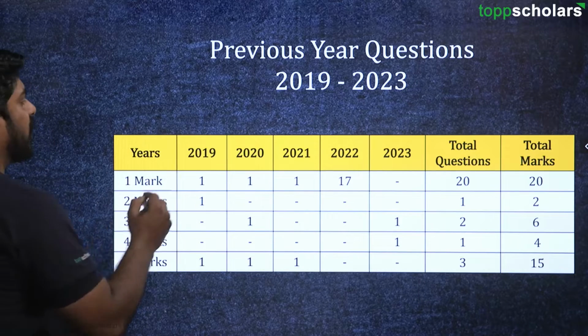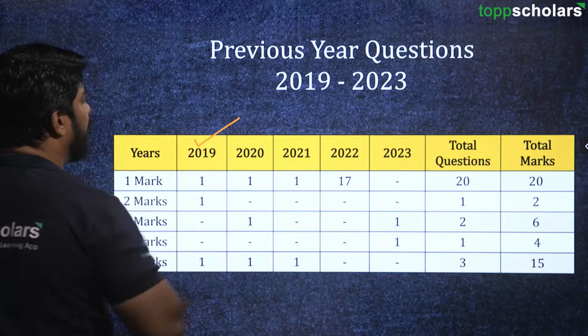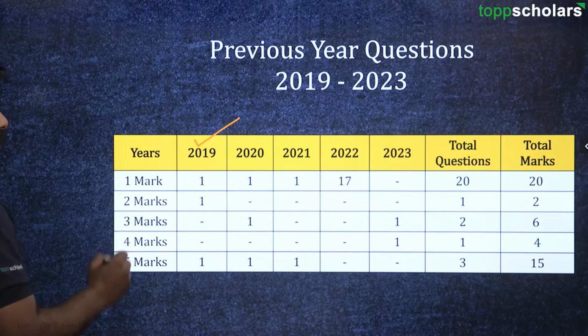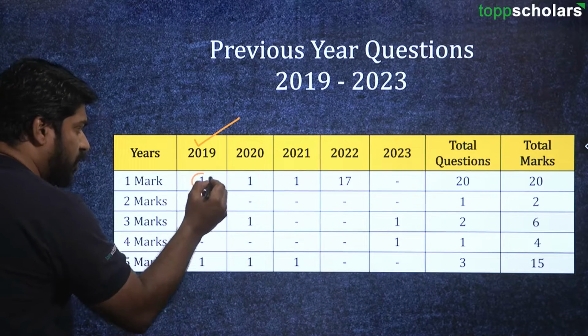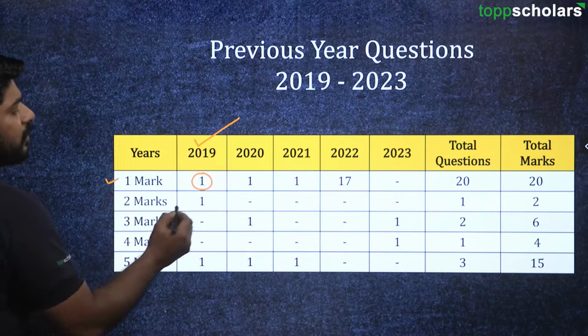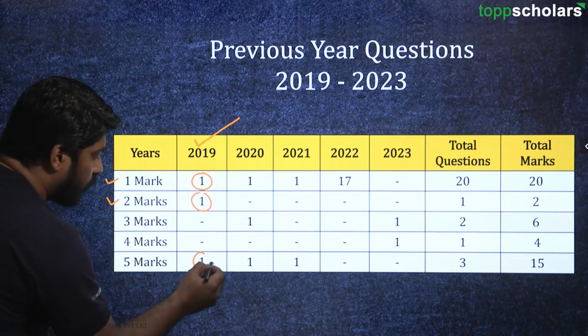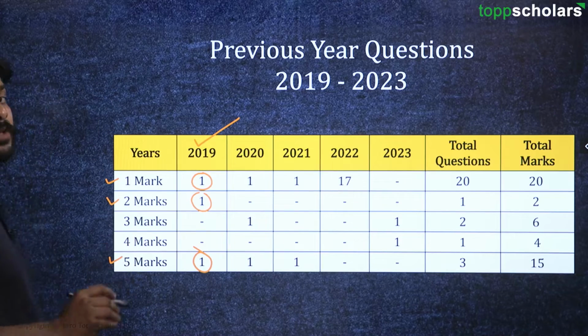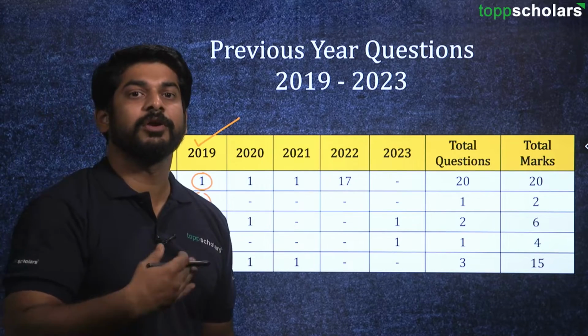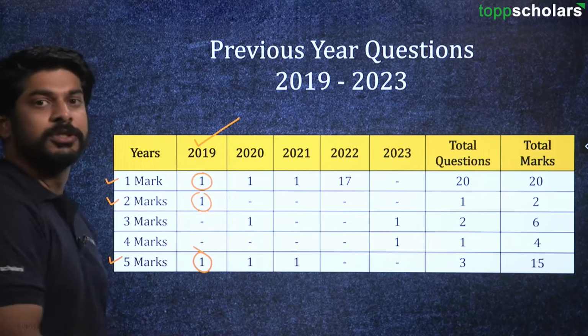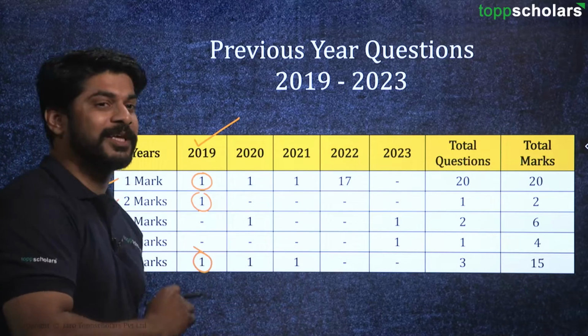Starting with the year 2019, as you can see here, there was one question for 1 mark, one question for 2 marks, and one question for 5 marks. Which questions exactly they were, we are going to have a look at as we move on in this lecture.